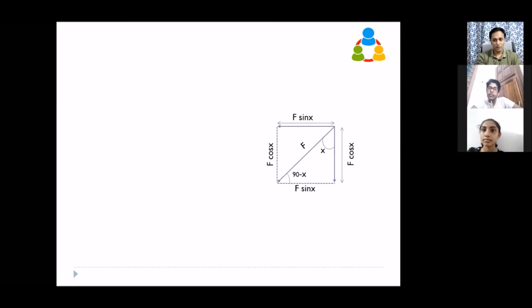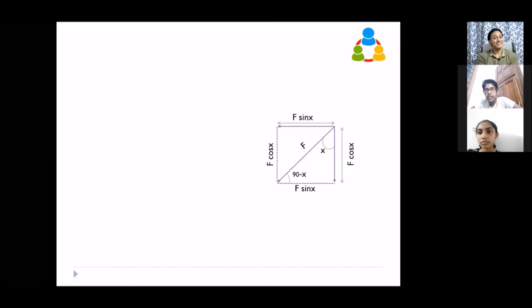Right. Okay. So now let us play some algebra. We told f cosine x is this. What will be f cosine of 90 minus x? It will be the same as f cosine x.